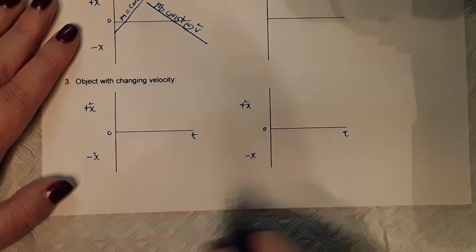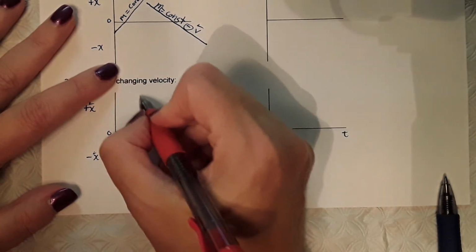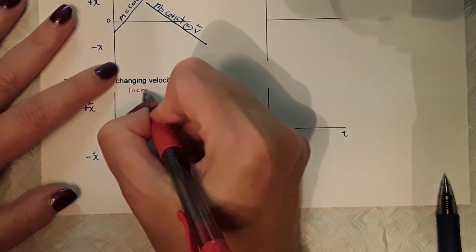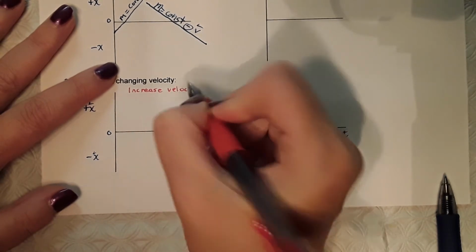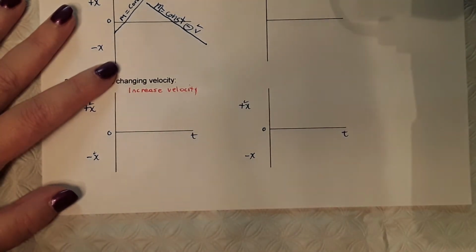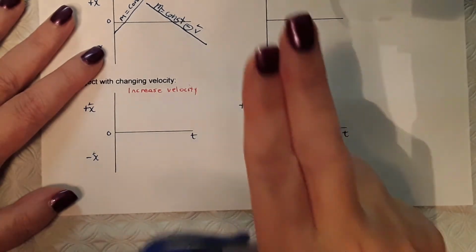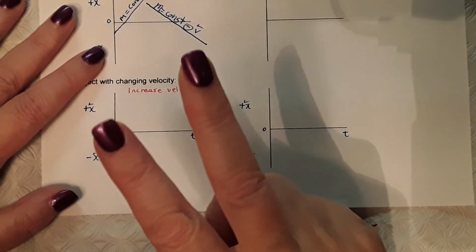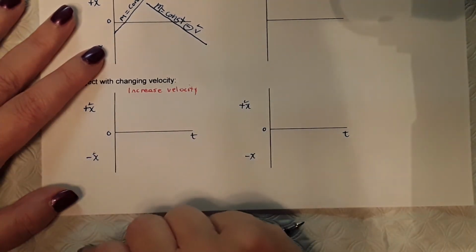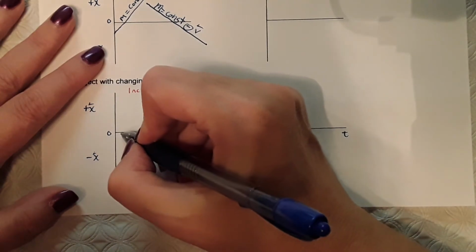Now, let's first look at how objects can increase velocity, and that would be the numerical value. So that means you would have increasing slope values for increasing velocities, and you can do it in two directions. You can do it in the positive direction, you can do it in the negative direction. Okay, so let's see what an increasing velocity in the positive direction would look like.